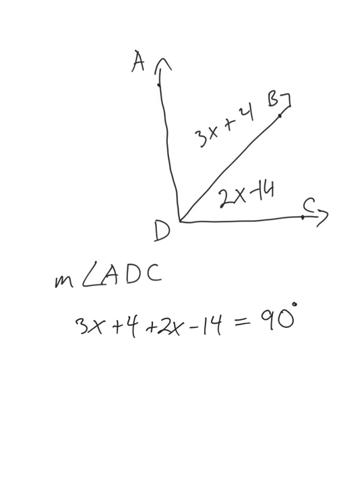Okay. So first step is we combine like terms. So we have 5x minus 10 must equal 90 degrees. I want to isolate my x, so I'm going to add 10 to both sides.